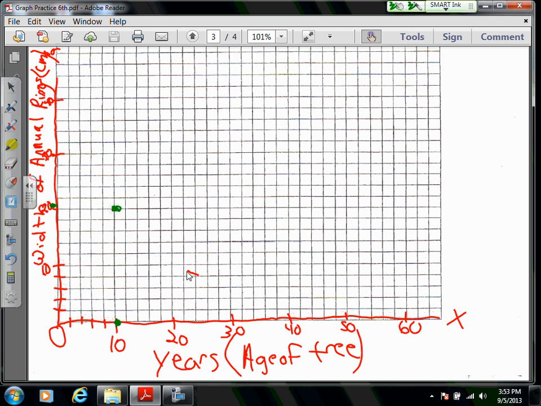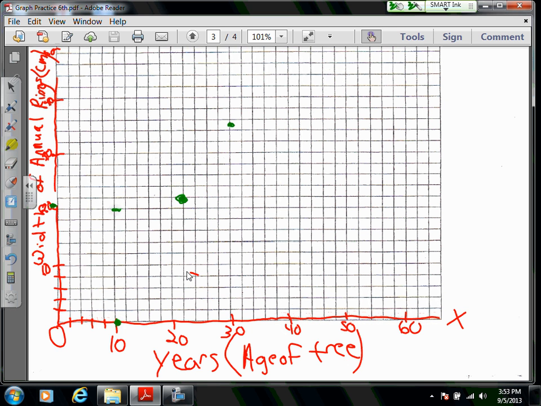So we need to go at 20 years. We need to go up where it intersects with 2.2, make a dot there. Again, don't mark, use your finger. I'm just showing you with this how to come up with the point. Okay, at 30 years, it was 3.5. So you go up, and then 3.5 would be right there.